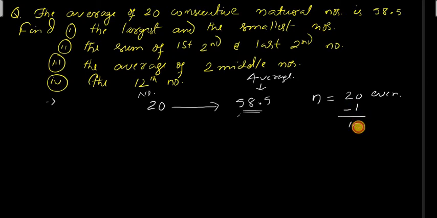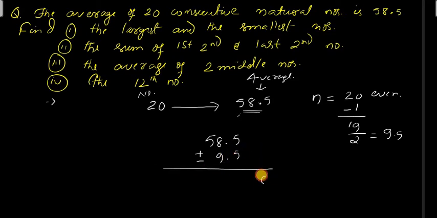The average is 58.5, so plus or minus 19 divided by 2 is 9.5.